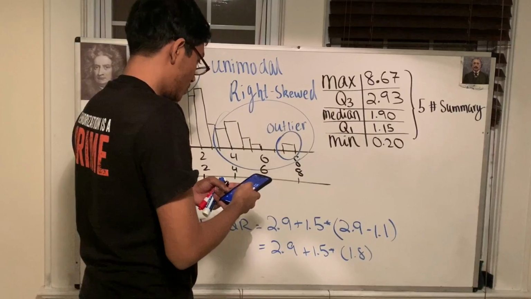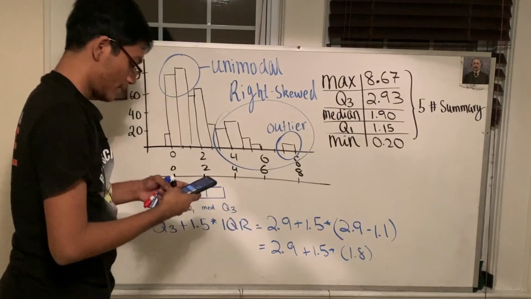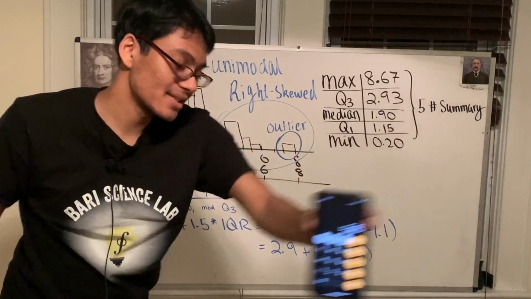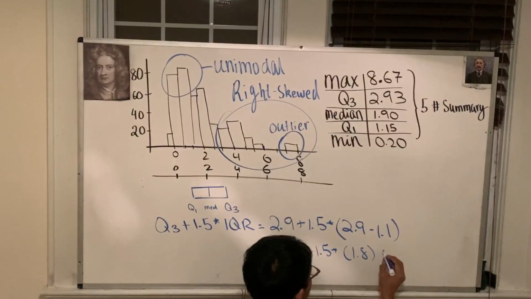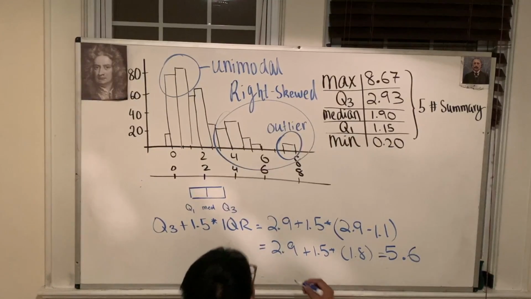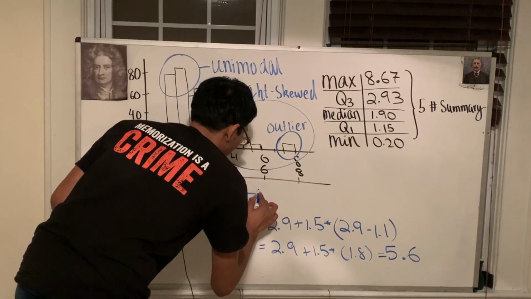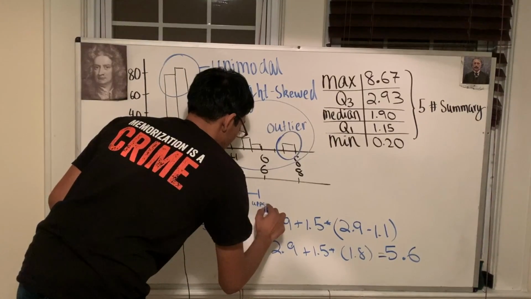And now, we're going to add that value to our quartile 3 to get 5.6. This right here is our upper fence, 5.6. So what does that mean? Your upper fence is going to end right about here, 5.6.